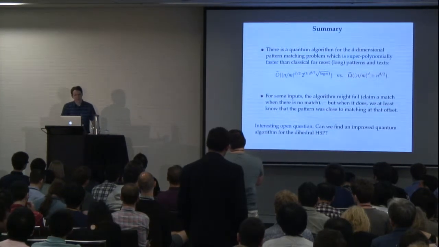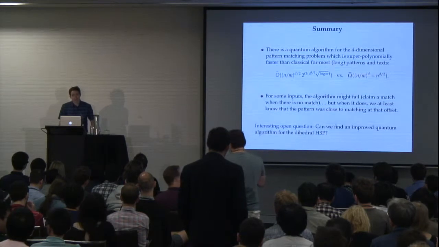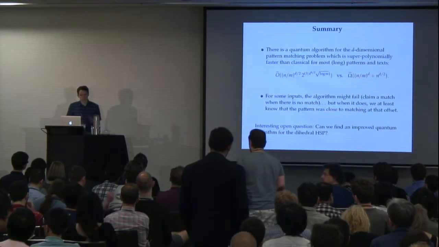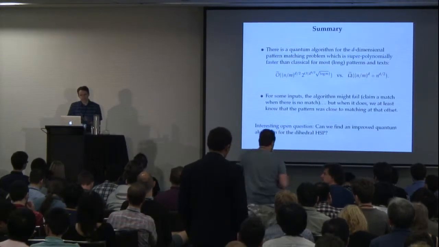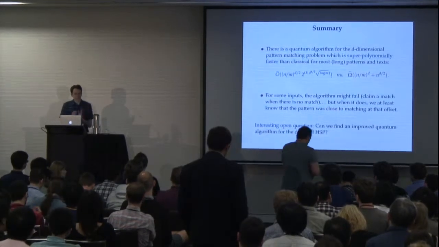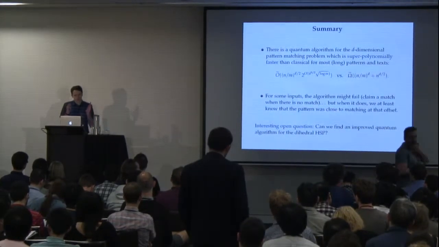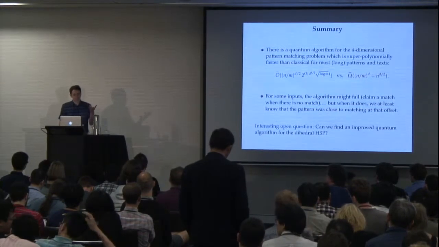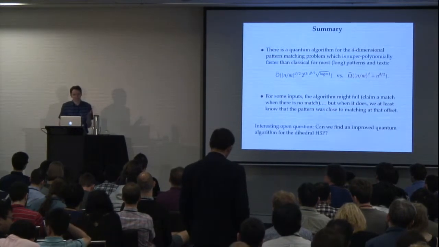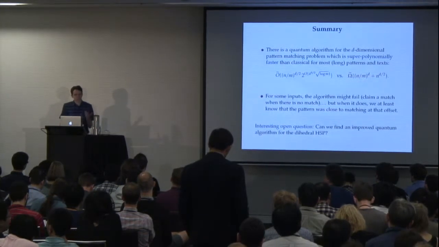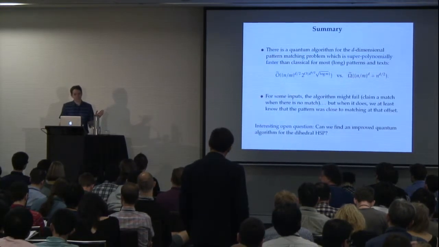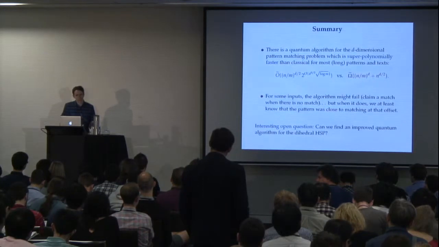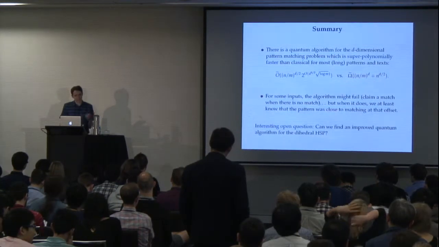Yeah, it's an interesting question. My general feeling is that this will be difficult to do. If you think of a very simple setting where you have a claimed position, you're just given the information that at this position the pattern matches the text, and you don't believe me and you want to certify that the pattern doesn't match the text at that position.